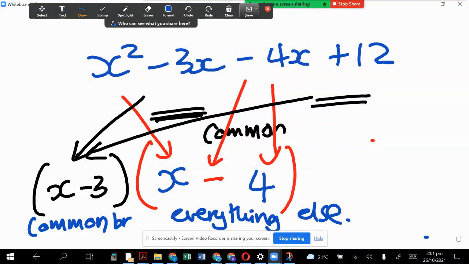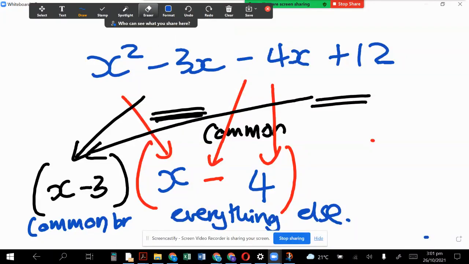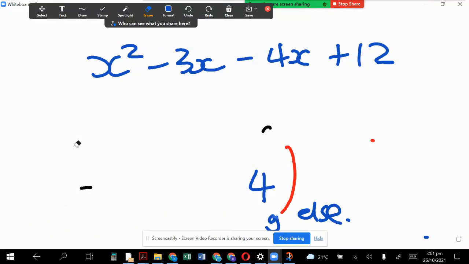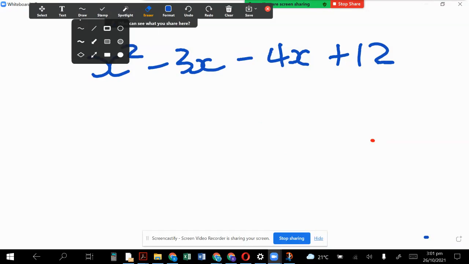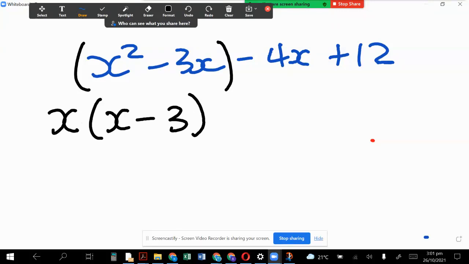Okay. I could simplify it and factorize it, or I could just group the brackets together. So in this case, I could group the entire bracket together. I put a bracket around here, and I take out a common x, and I'll be left with x minus 3.